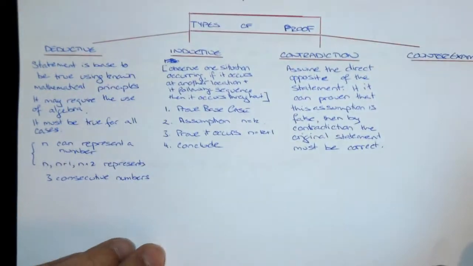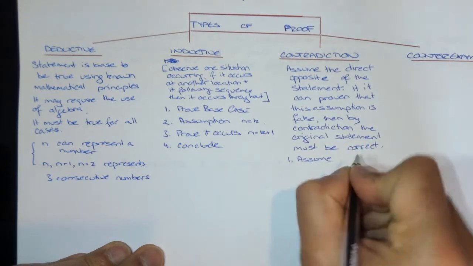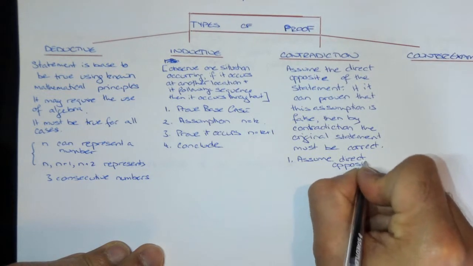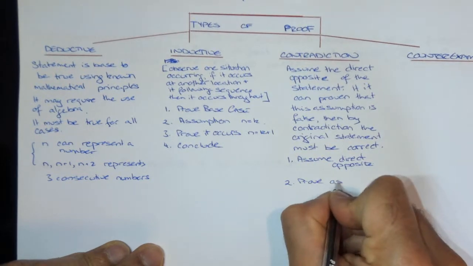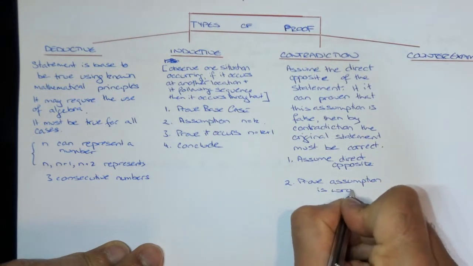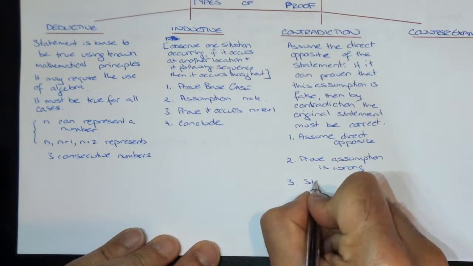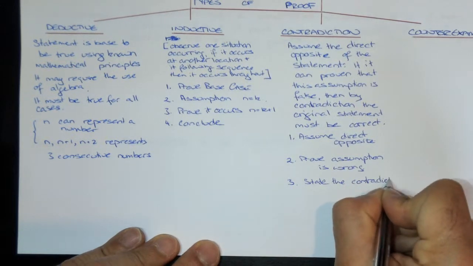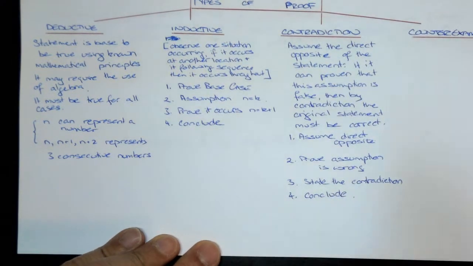So the steps for this would be: assume the direct opposite, prove that the assumption is wrong, state the contradiction, and then conclude.